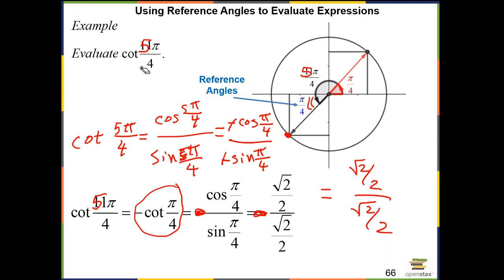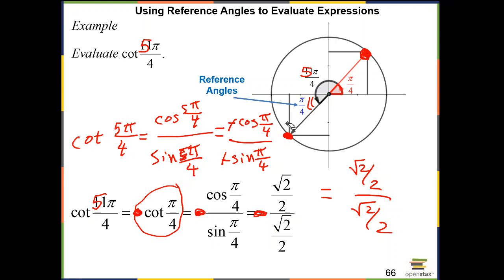Okay, remember there was a typo there? So here you go. So that means the cotangent of 5 pi over 4 is actually equal to cotangent of pi over 4, the same, right? In this case, because this is 5 pi over 4 and pi over 4 is the reference angle.